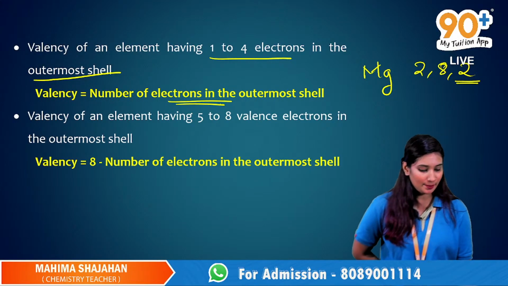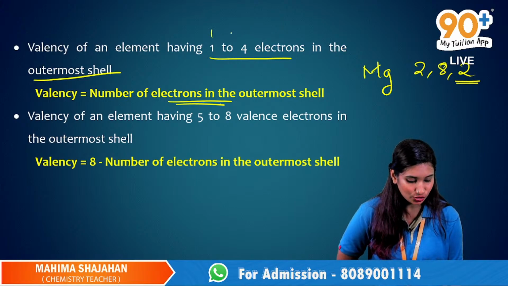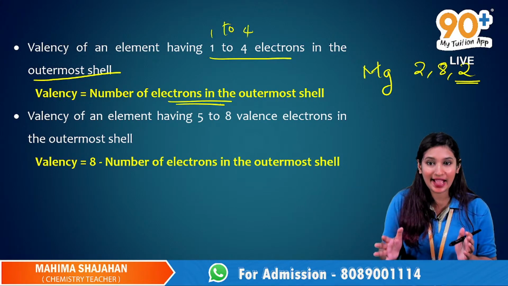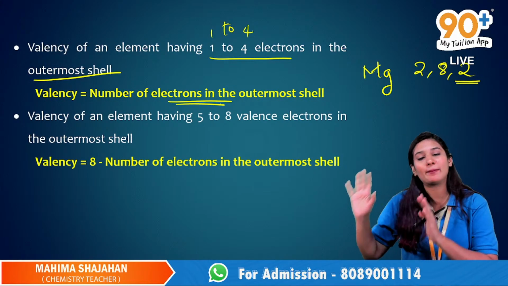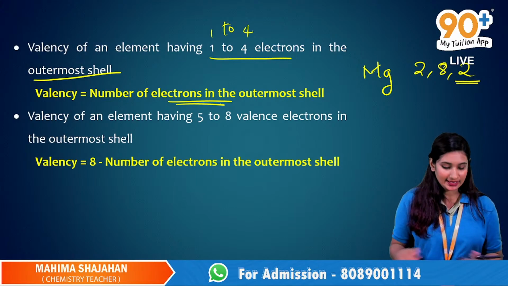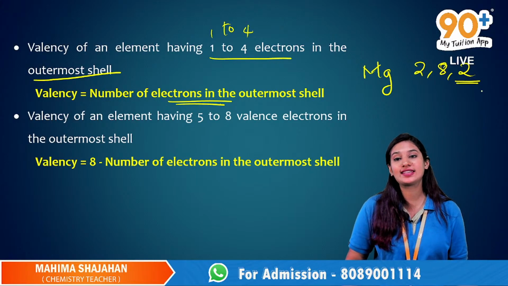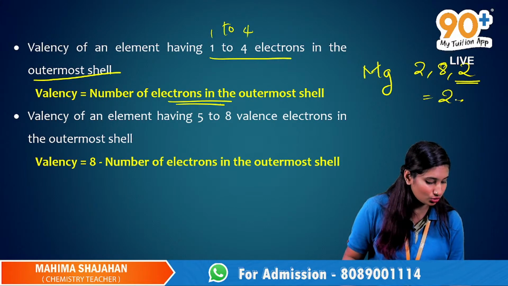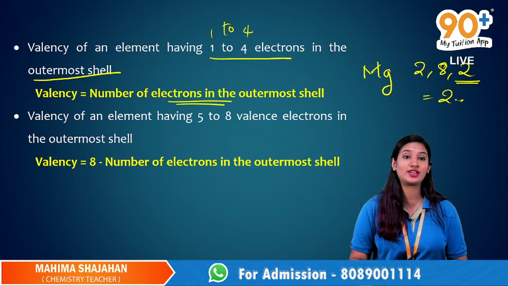So if the number of electrons is 1 to 4, the valency of that atom will be equal to the number of valence electrons. Since it's 2, the valency of magnesium is 2.